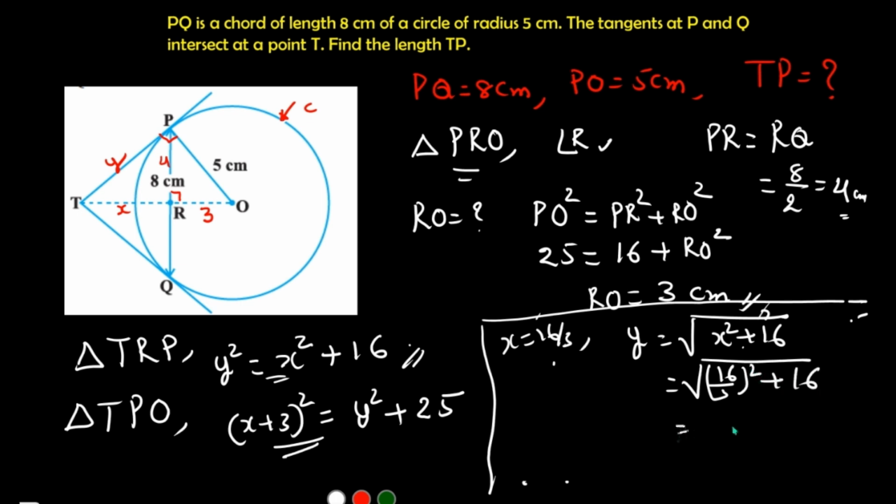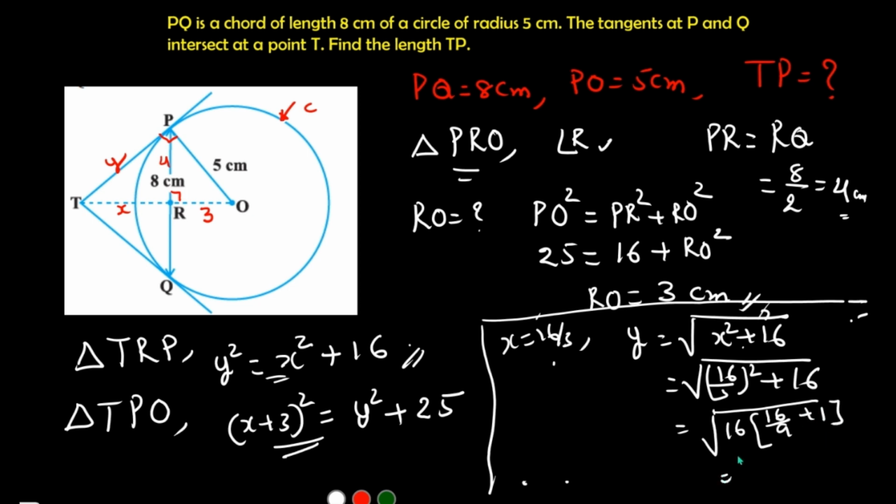Just take the 16 common from these two. If you take 16 common, it is left with 1 over 3 square, which is 9, plus 1.